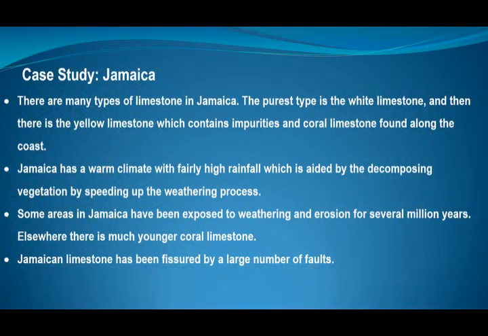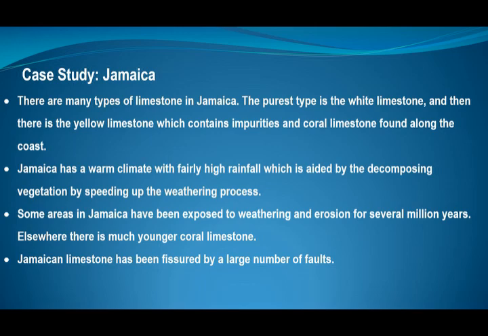All right, so in looking at a case study, we have Jamaica here. There are many types of limestone in Jamaica. The purest type is the white limestone, and then there is the yellow limestone, which contains impurities. And then you have the coral limestone found along the coast.